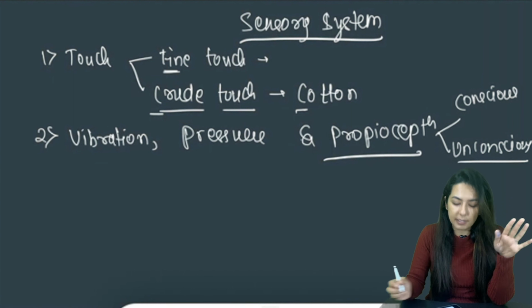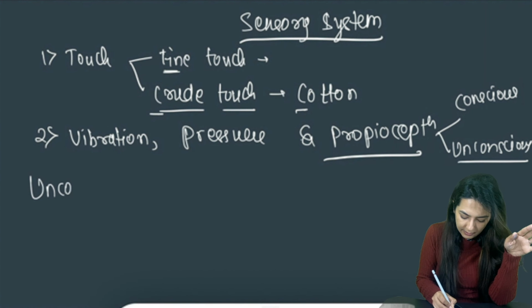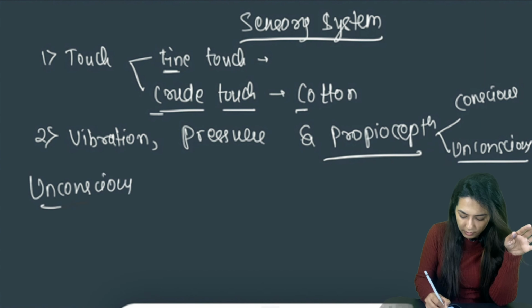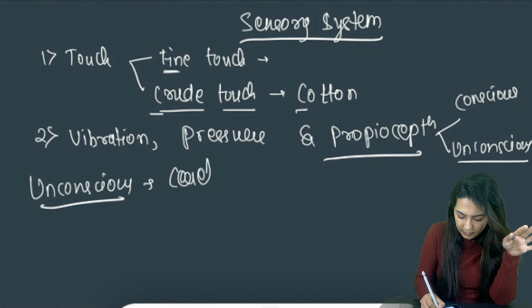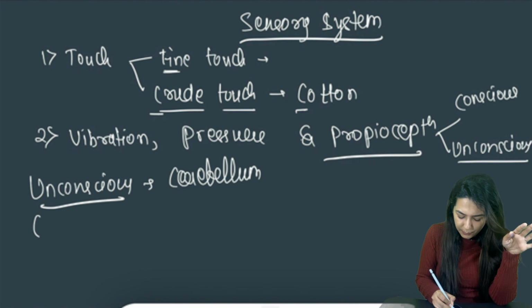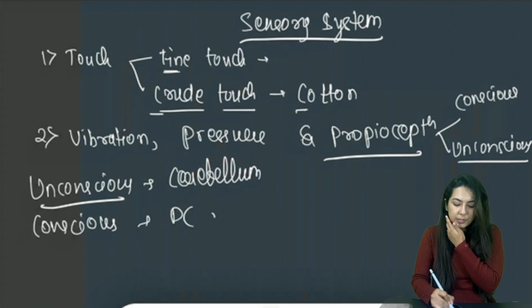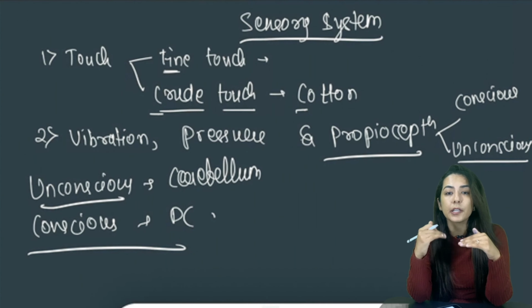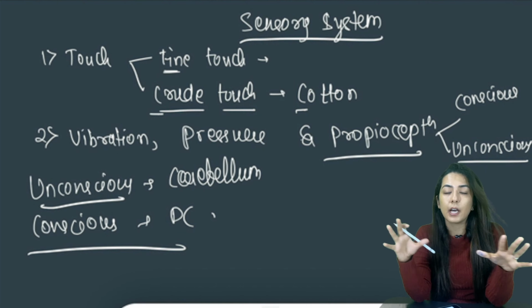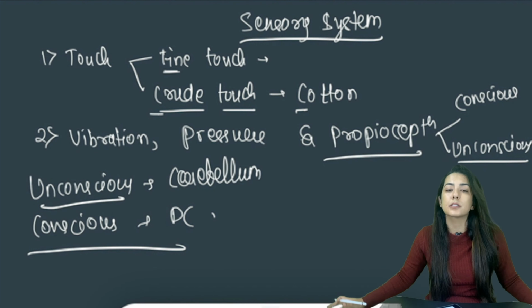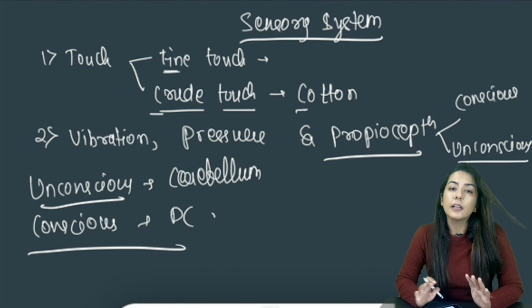Whenever it is unconscious, the cerebellum is always involved, and conscious proprioception is by the dorsal column. Just remember that unconsciously your brain knows where your joints and muscles are positioned. This is by the cerebellum.